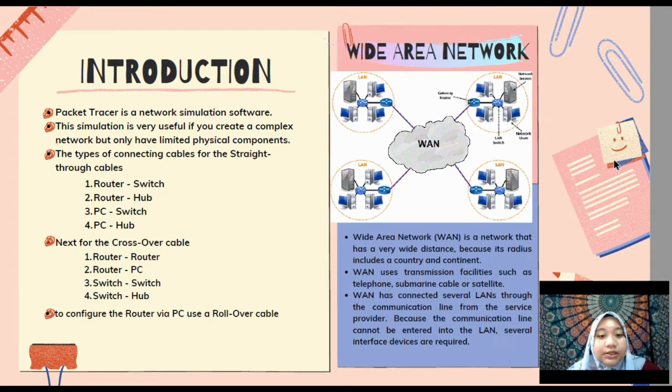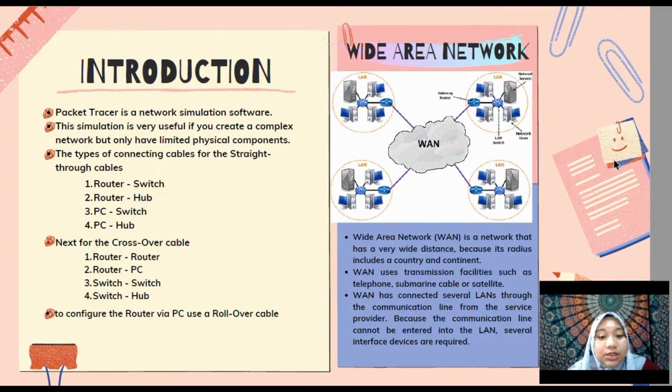Next, I will explain about the Wide Area Network, or WAN. A WAN is a network that covers a very great distance, including a country and a continent. WAN transmission facilities use a telephone line, submarine cable, or a satellite.